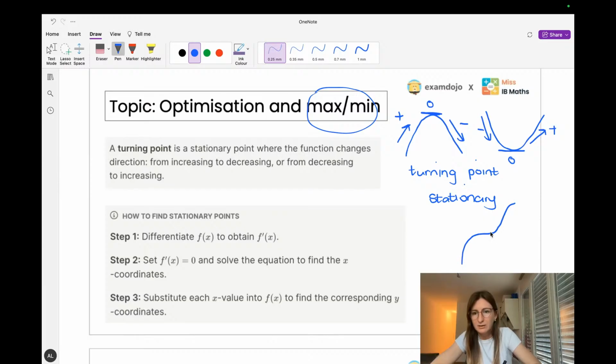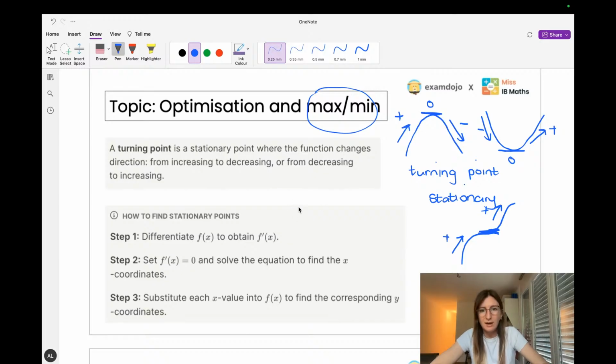So you can see here there's a gradient of 0, but our function is still increasing after this gradient of 0 there. So that's not a turning point because it still goes positive to positive. In case they tell you a turning point, then you know that it's going from positive to negative or negative to positive.